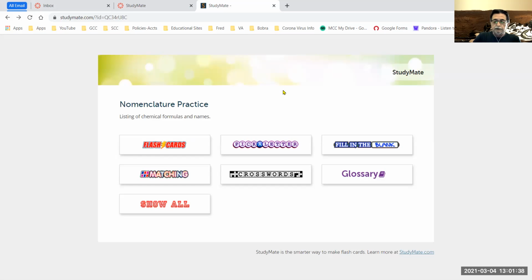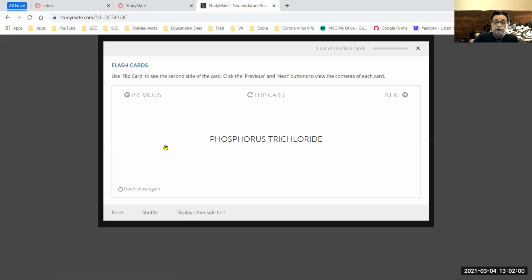The two things that work pretty good, given that Study Mate doesn't understand parentheses, are the flashcards and the matching. You can try the others, see how it works out for you. But flashcard works good. There's 140 some combinations. Let me click on the flashcard.